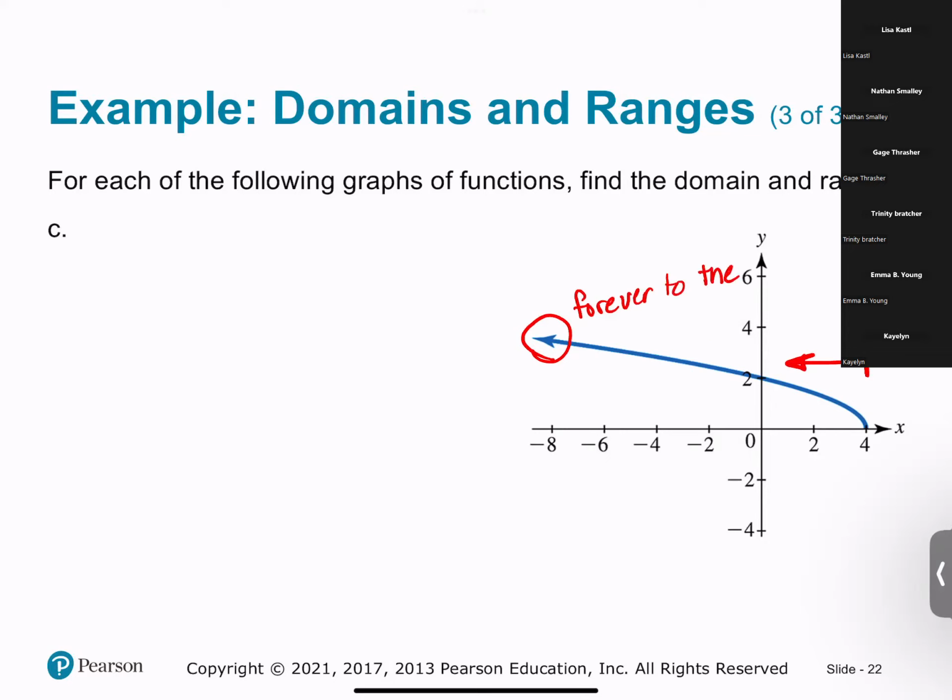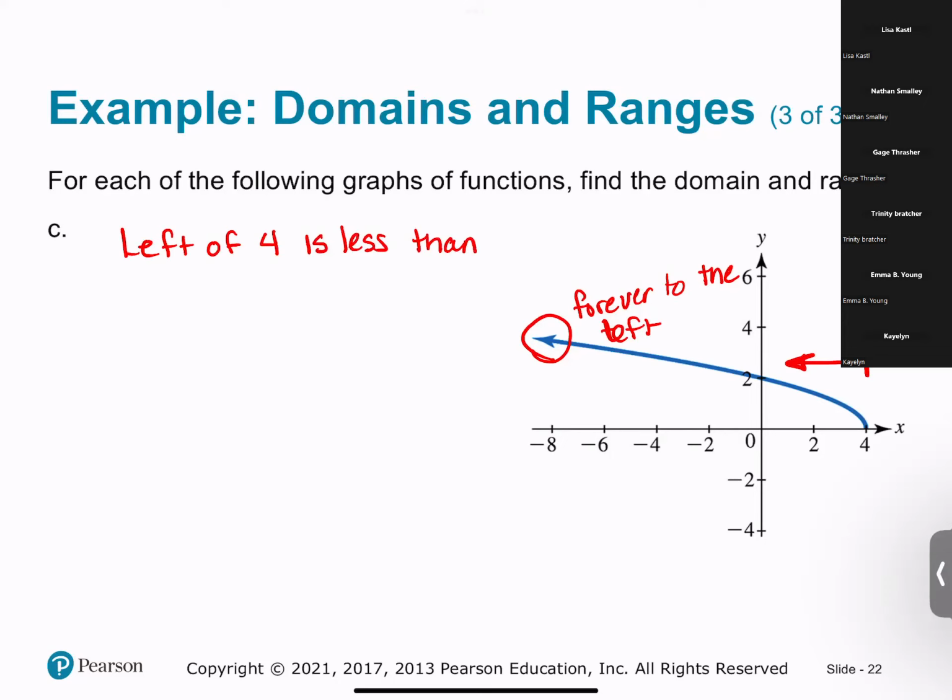So how in the world do we write this? Well, what we say is anything to the left of 4 is less than 4. So left of 4 is less than 4.